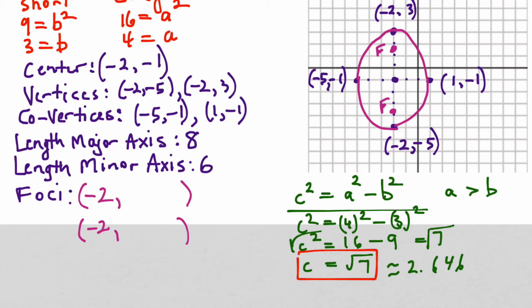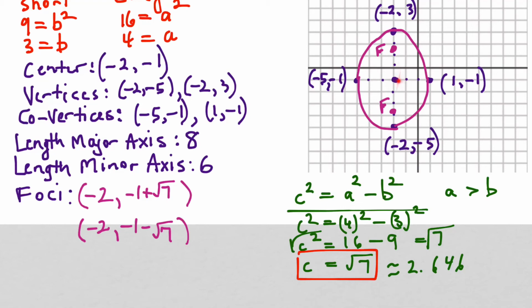All right, and then for my y value, my offset is, if you want to think about it this way, I have a starting point of -1 and going to go up by √7 and then down by √7.